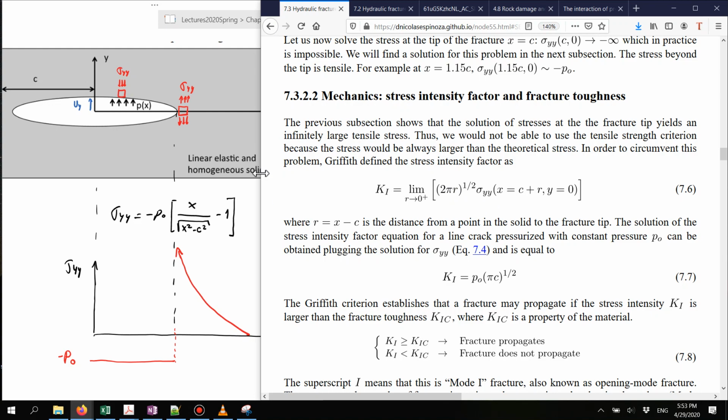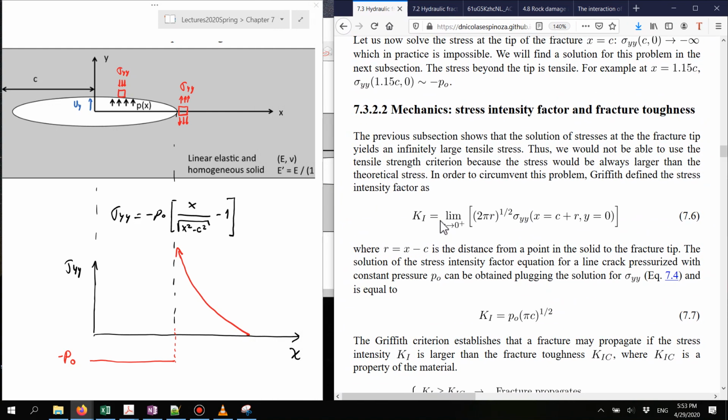When I multiply the distance from the tip, as r gets to 0 and the stress tends to infinity, you can cancel those into a finite quantity, such that this limit results in a finite amount.